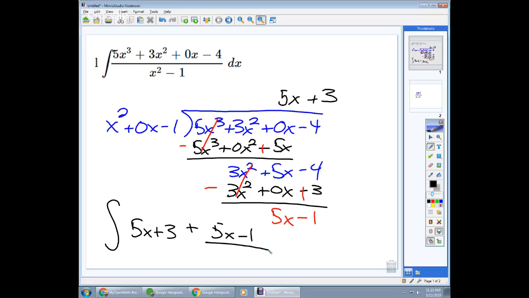I'm going to write that in factor form, x minus 1 times x plus 1. So that's the first step. Then we have to do partial fractions on that remaining fraction. Notice now it's a proper rational fraction. The degree of the top is smaller than the degree of the bottom, and that has to be the case.